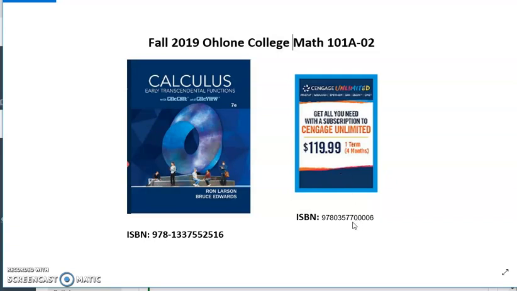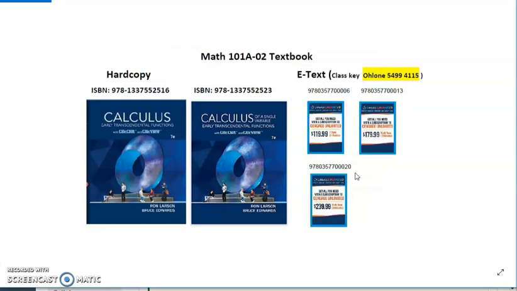So how do you access Webassign? You can sign up for Cengage Unlimited. If you sign up for Cengage Unlimited, it will give you 4-month or 1-term access. The other option is for eText: instead of signing up for 1 term for 4 months, you can also pay $179.99 for 1 year, which will cover 101A and 101B.